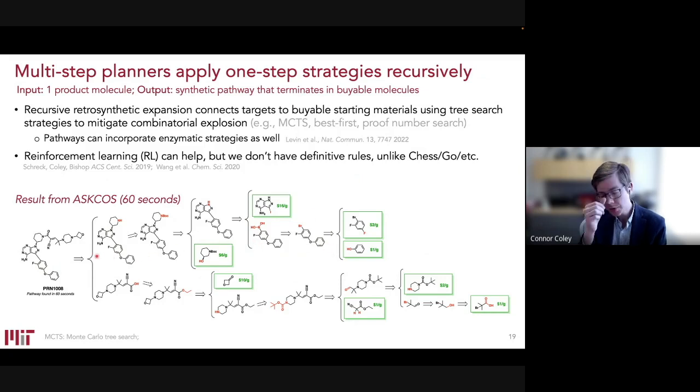So there are a few interesting aspects of this problem worth emphasizing. One is that it's not just a network search, because we are constructing the possibilities on the fly. So it's not just a matter of taking a molecule we want to make and doing a normal graph search to connect it back to buyables. We have to generate options on the fly, and it's not free to do that, right?